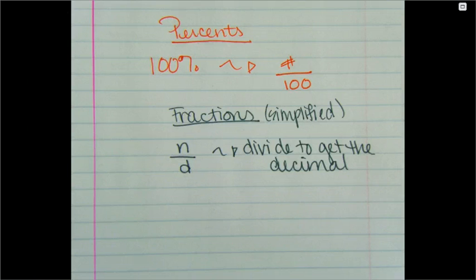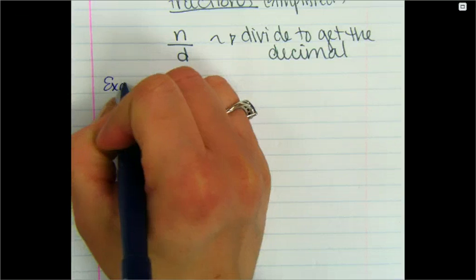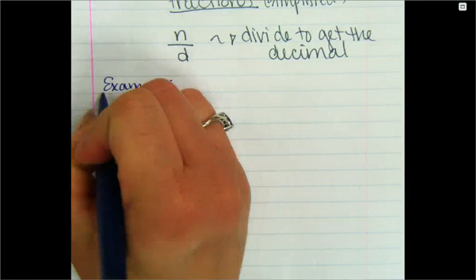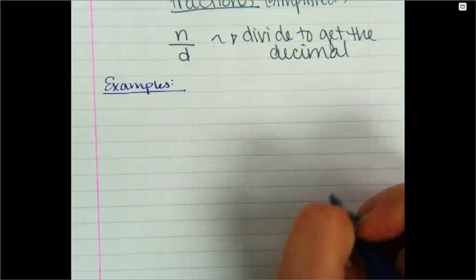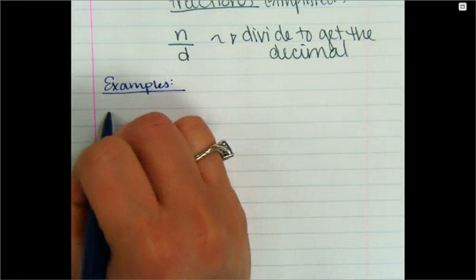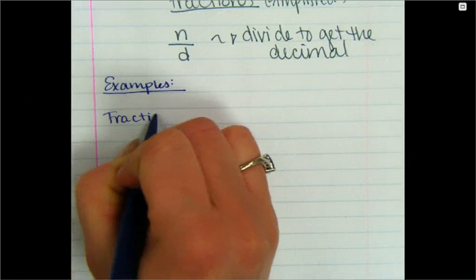This all sounds very like you've heard it like 5 different times, right? It's pretty easy. So what I'm going to do is I'm going to give you the examples, and that's going to be where you're actually going to get a little bit more. So here's our examples. Think of it as a table. Our first column is going to say fraction.